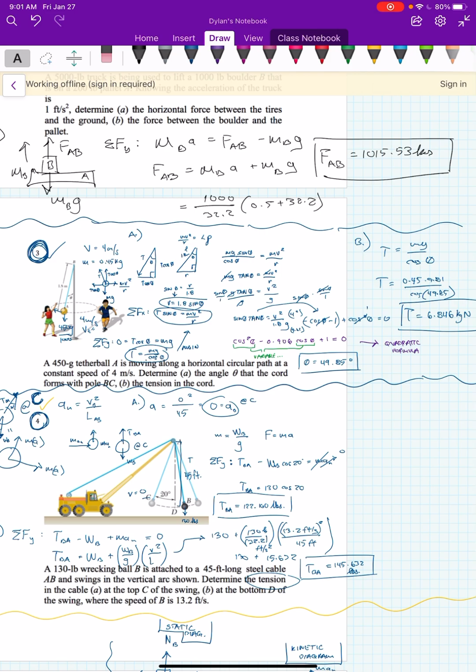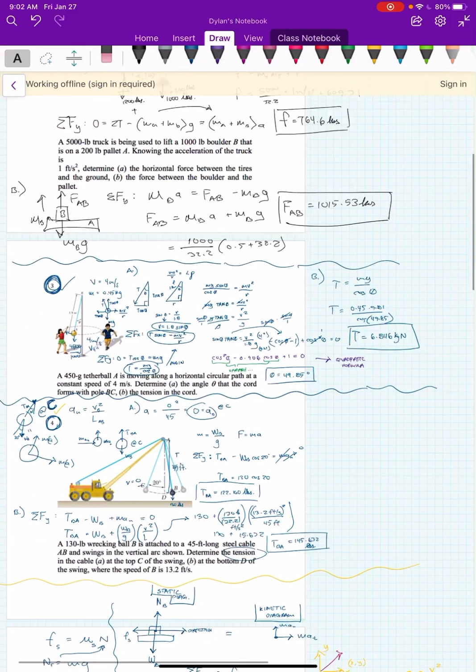And so instead of plugging values in right away, we're just manipulating the equation F equals ma, the momentum equation.